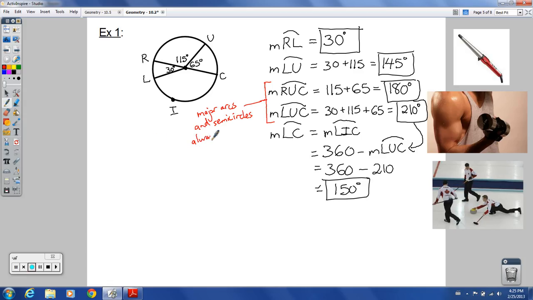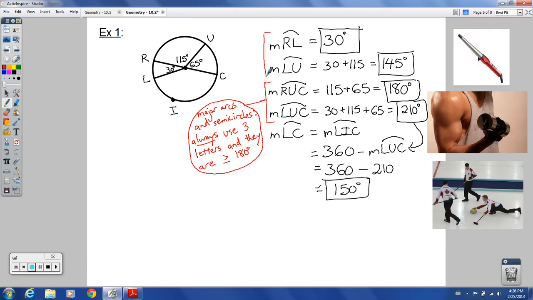And when we're doing those, we're always going to use 3 letters, and they are greater than or equal to 180 degrees. So that's something we need to know about major arcs and semicircles.